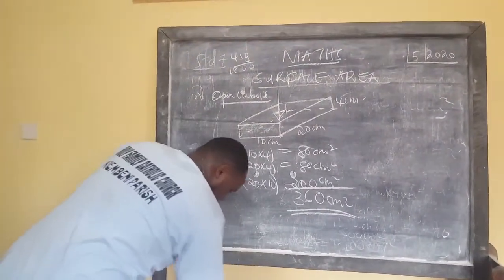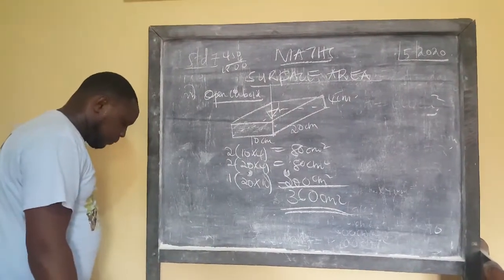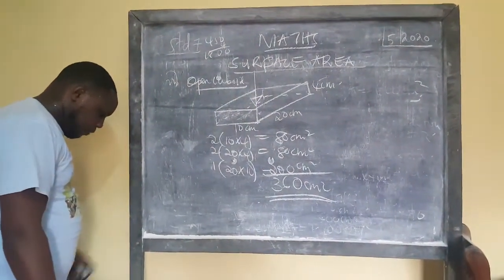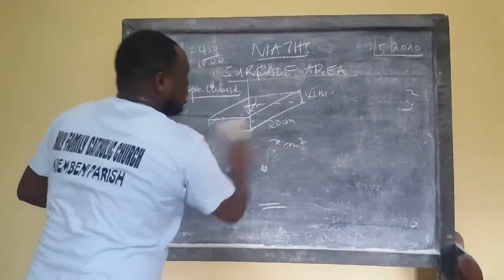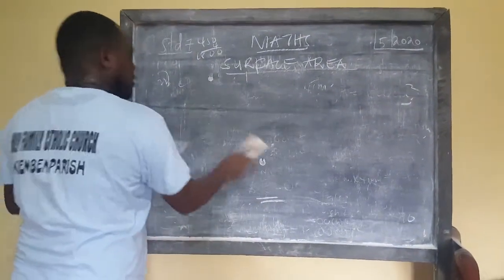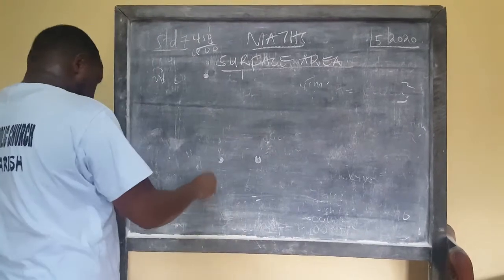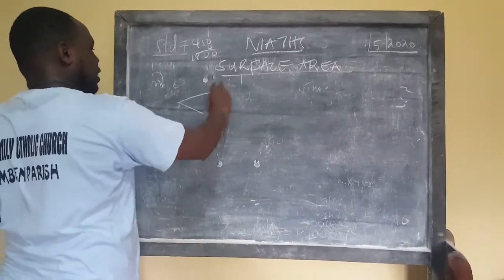So let's do a final question. Find the surface area of this kind of a figure. There is a figure here, and the figure looks like this.